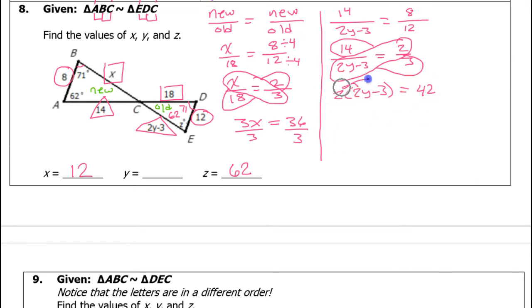Little distributive property here gives me 4y minus 6 is equal to 42. Adding 6 to both sides, so I have 4y is equal to 48. Then if I divide both sides by 4, that gives me 12. That's interesting. x and y were both 12.